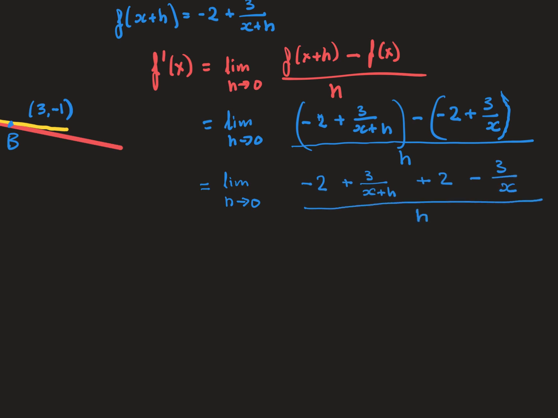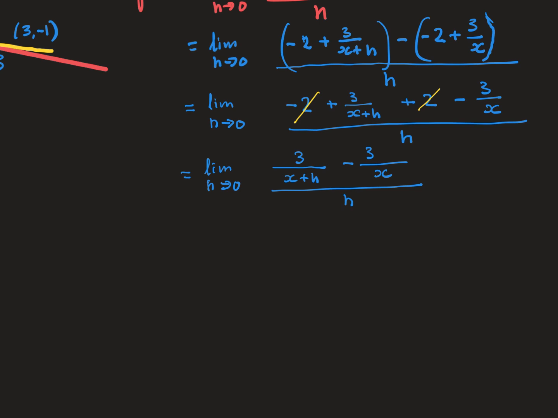That makes it really nice because that shows me that that minus 2 and that plus 2 can now disappear. So all I'm left with is 3 over x plus h minus 3 over x, all of it over h.